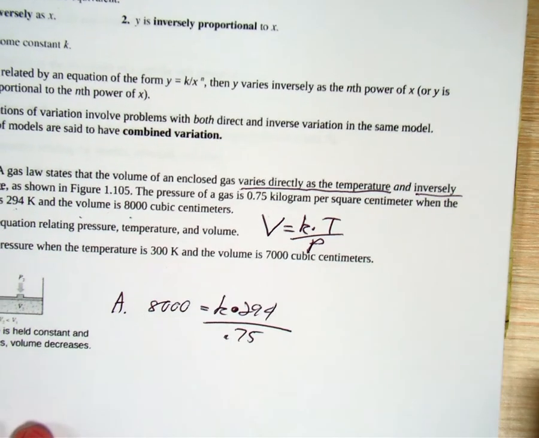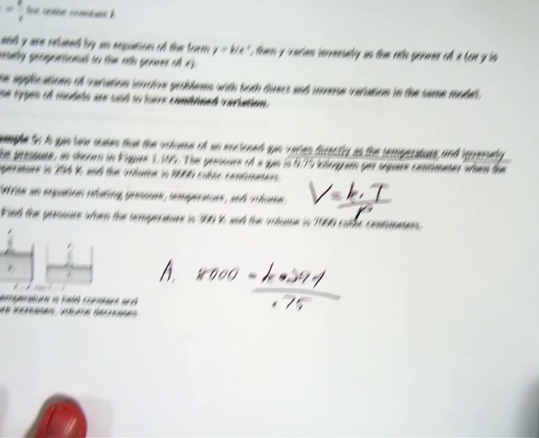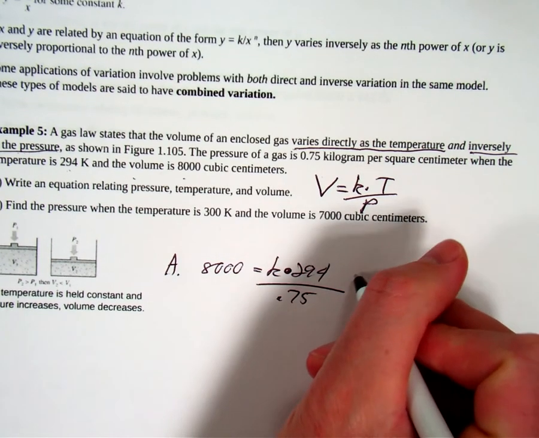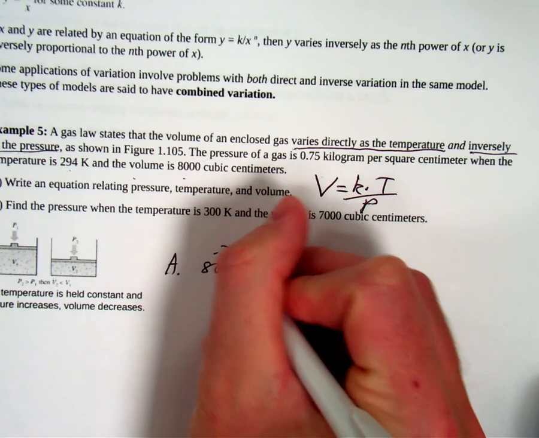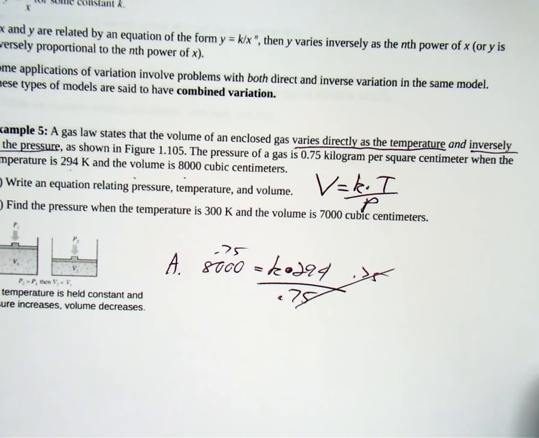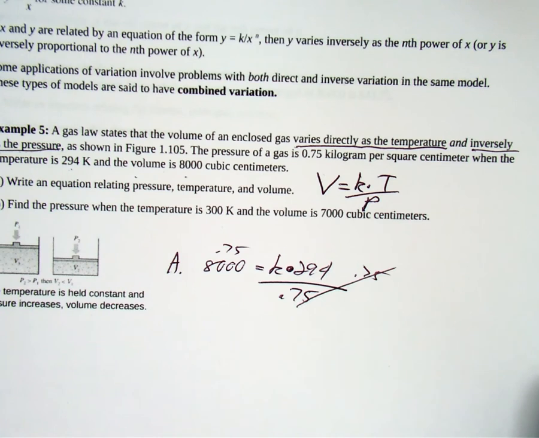This is a multiplication dot, not a decimal dot. All right. So maybe multiply by 0.75. 8,000 times 0.75 should be 6,000.